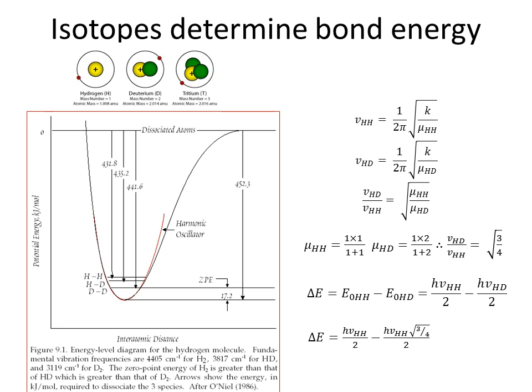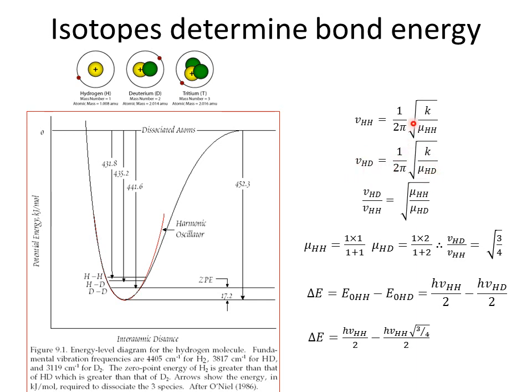If we ignore the tritium for now, and look at the vibrational frequency of hydrogen bonded to hydrogen, that's 1 over 2 pi times the square root of K, the spring constant, divided by the reduced mass of hydrogen over hydrogen. Same thing for the deuterium, with the reduced mass of deuterium over deuterium.